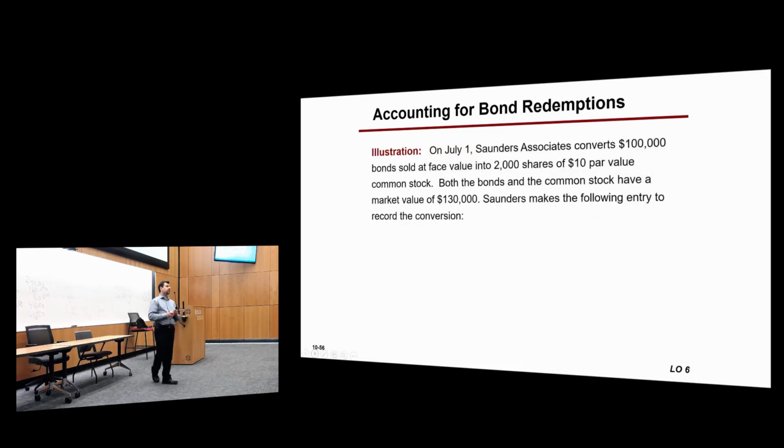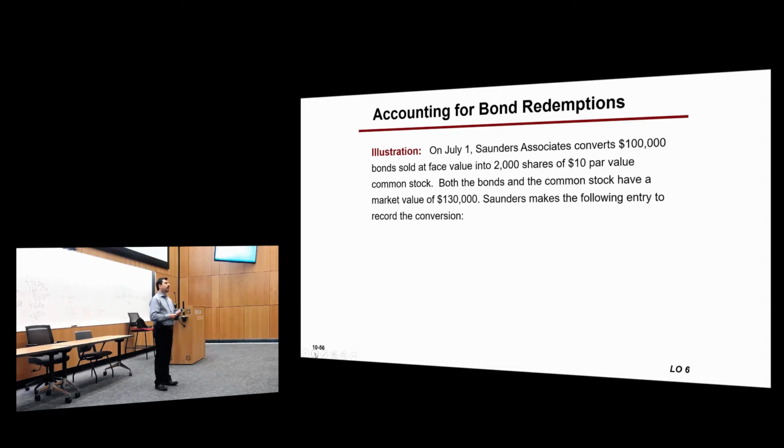So in this case, let's see what happens. Sounded Associates converts $100,000 bonds sold at face value into 2,000 shares of $10 par value common stock. So the 100,000 will be converted to 2,000 shares of $10 par value.